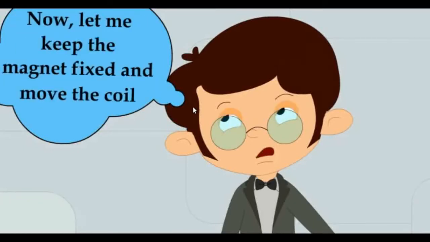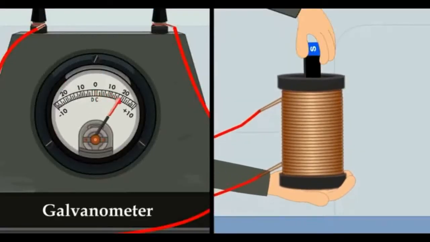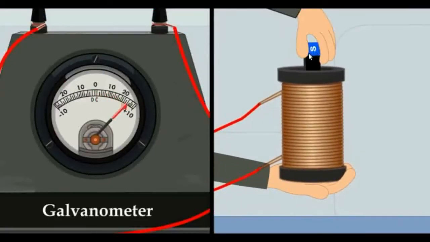Now we may try another case where the magnet is fixed and we are raising this coil upward. The magnet is fixed and we are moving the coil upward so that the bar magnet will come into the coil.